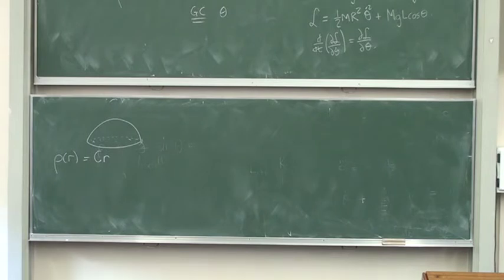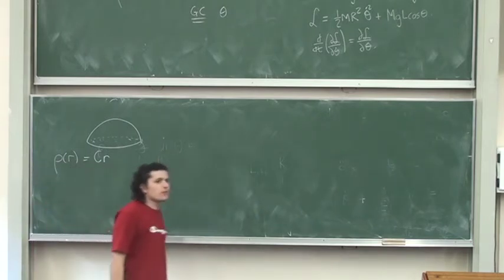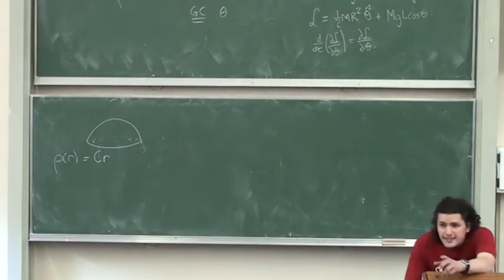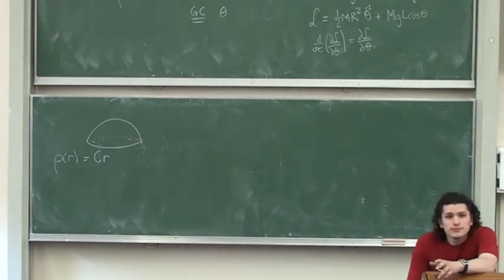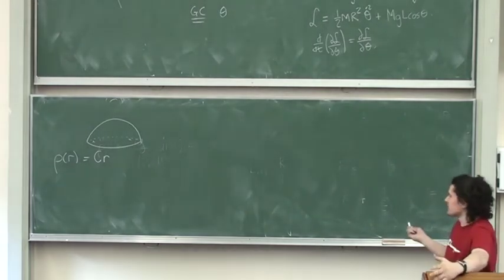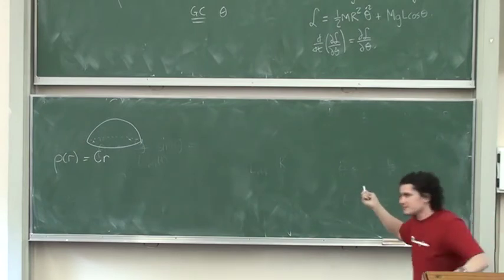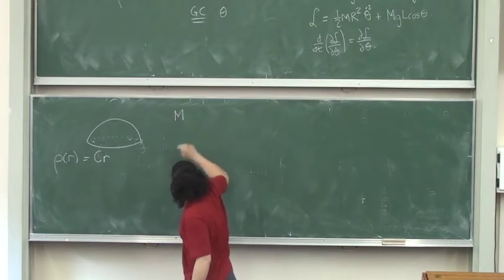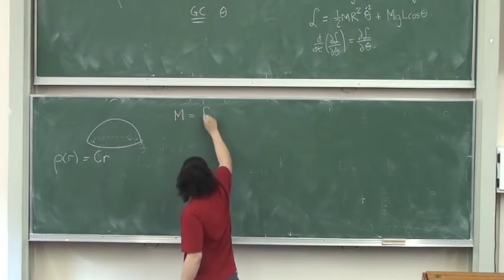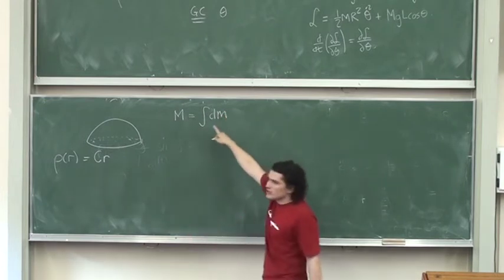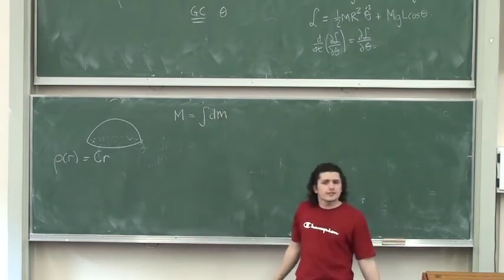If you want to work out the center of mass, if you want to work out the moment of inertia, the first thing you always do is you ask, what is the mass? This will be the first thing you write down every time you solve this kind of problem.